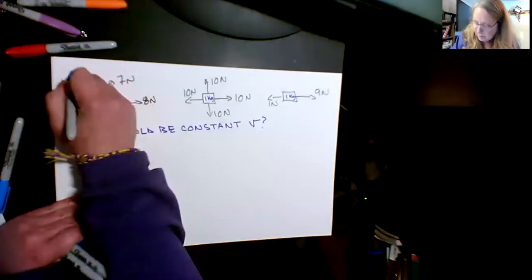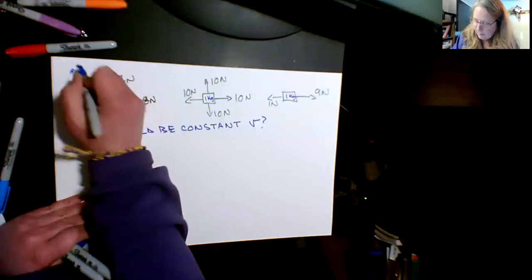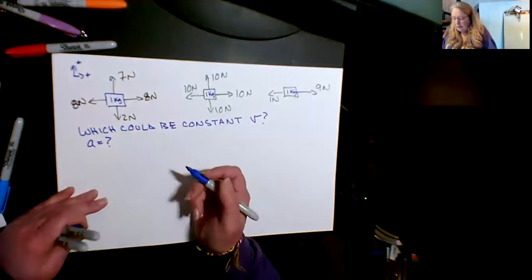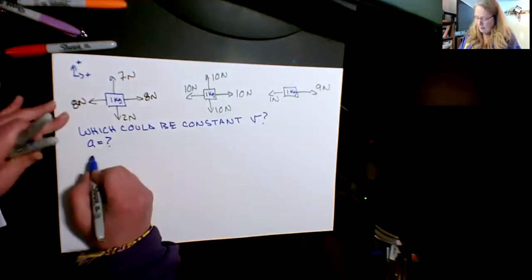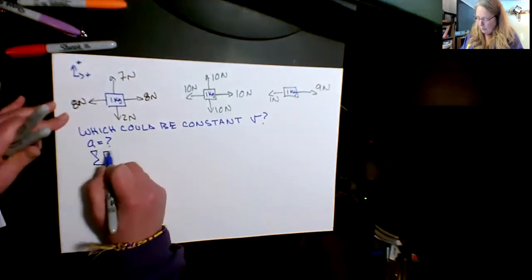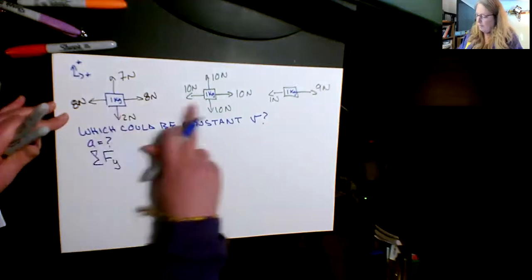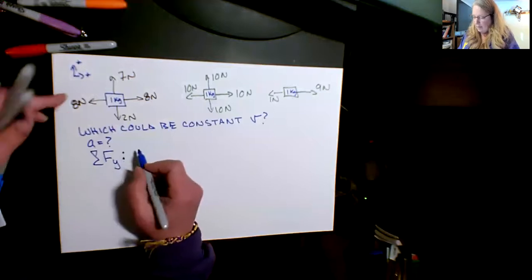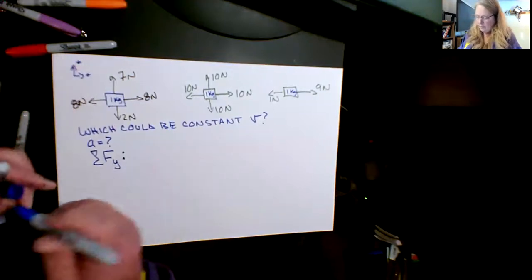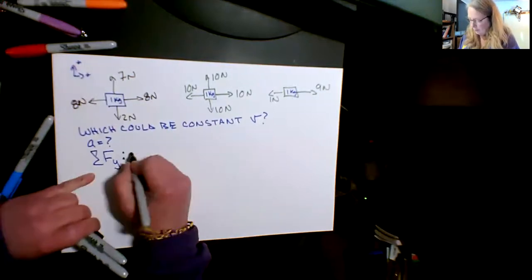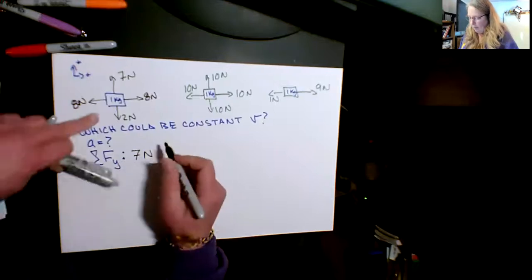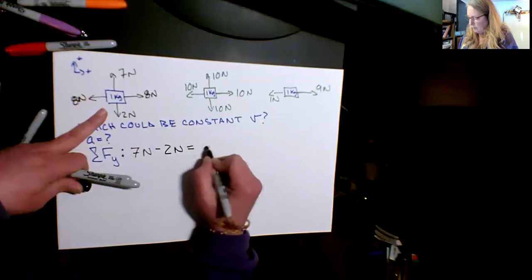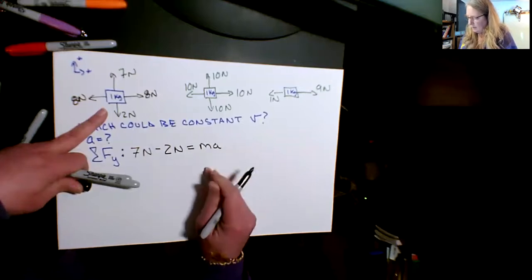Let's go ahead and define that real quick, what I'm defining as the positive x direction. So to know what my acceleration is, for this first one, I only have a net force in the y. I don't know if you can see that I've written those to be all 1 kilogram. So I have a 7 Newton force in the positive direction. I'll do a different color. So I have 7 newtons in the positive y, minus this 2 Newton force going down, so minus the 2 newtons equals mass times acceleration.